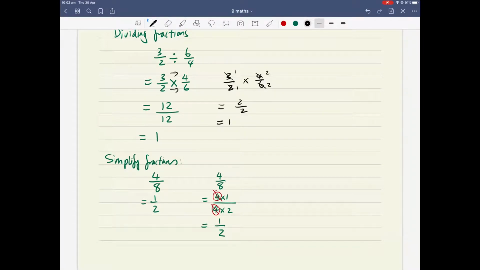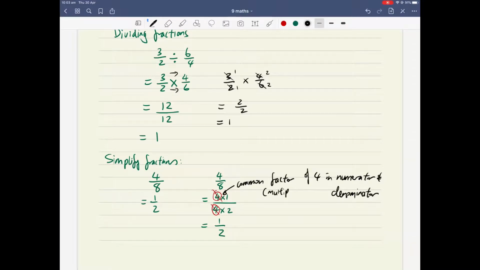Now, the key thing I want to point out, why am I making this so long and tedious, is because you can cancel the top and bottom by 4, because there's a common factor of 4 in the numerator and denominator, in top and bottom.